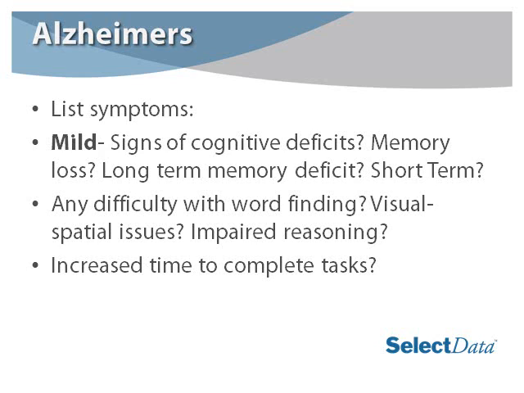And here's a clear place where you could use some very fine short testing tools that would help you specifically give objective data regarding memory deficit or seeking of words. Are there visual spatial issues? Is there impaired reasoning? And again, any tool that you can use that demonstrates this in an objective fashion assists you with your documentation. And is there increased time necessary to complete tasks?